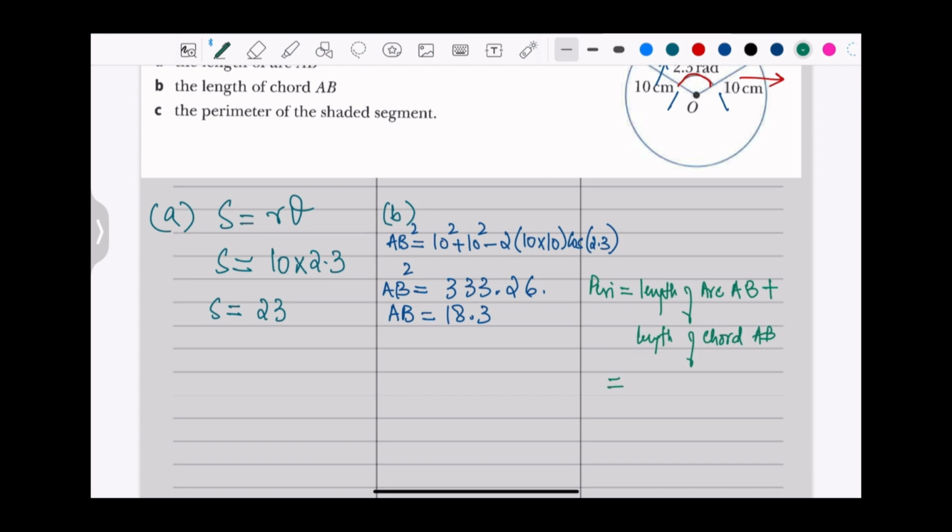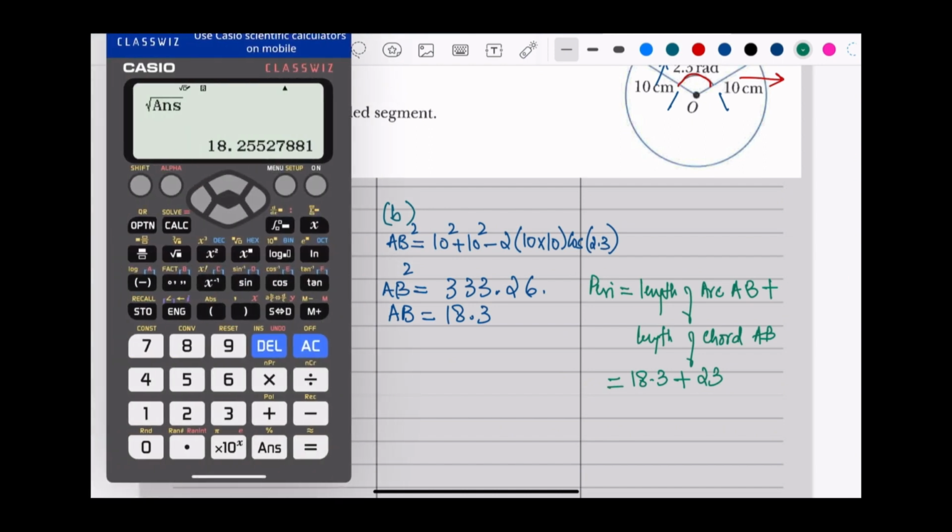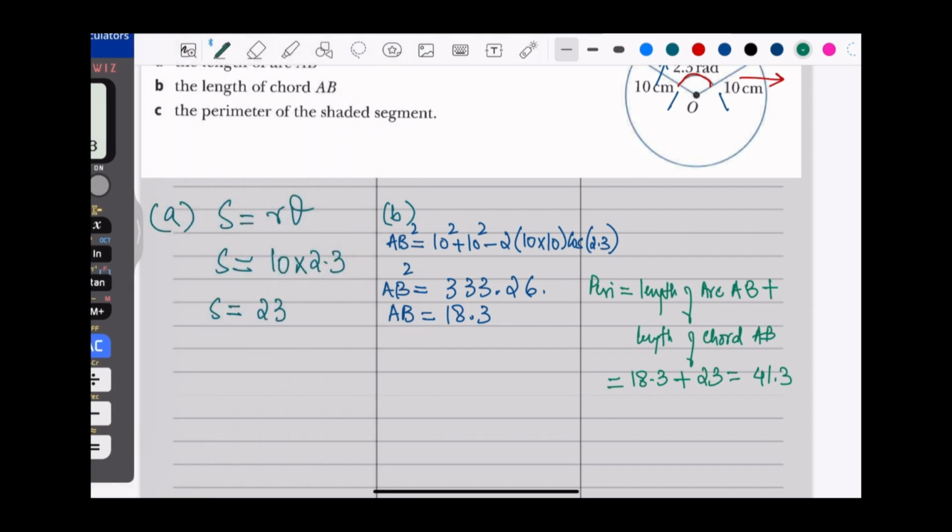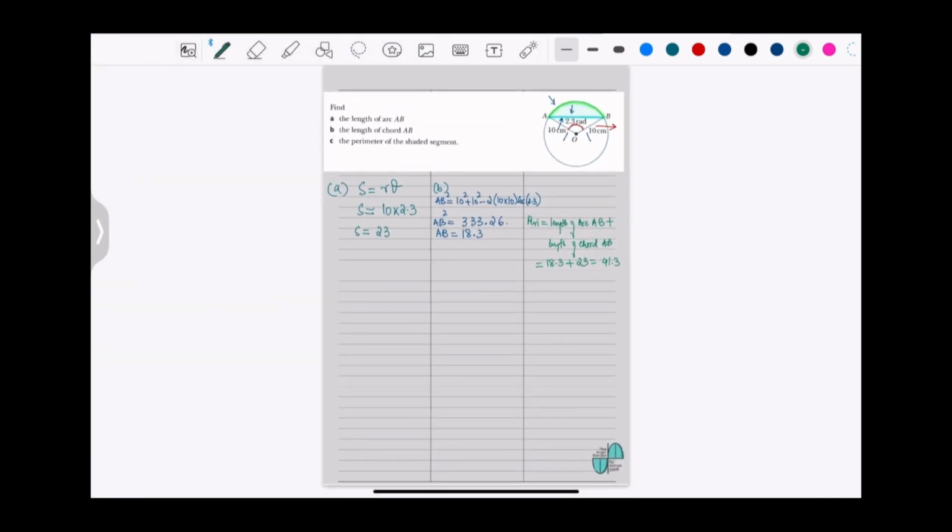So which is equal to 18.3, that is the length of the chord, plus 23, that is the length of the arc. So 18.3 plus 23 gives you 41.3. Now this is how we use the length, or s equals r theta.